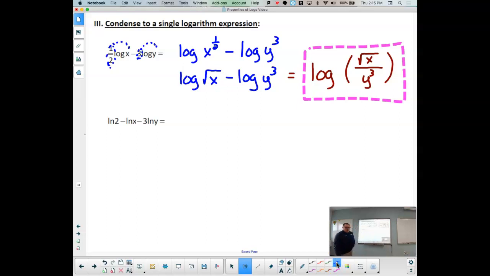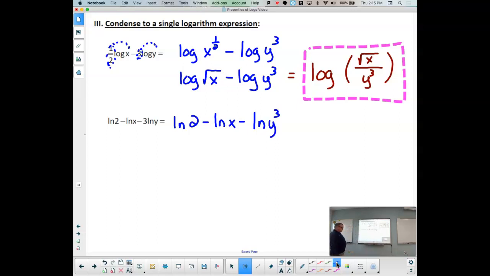Pause this video at any point in time or rewind it if you need to. Okay. So again, I would apply the power property: natural log of 2 minus the natural log of x minus the natural log of y cubed.